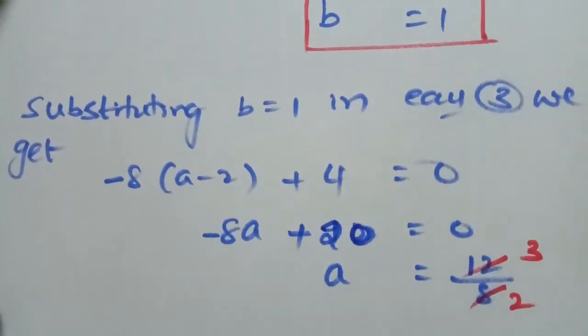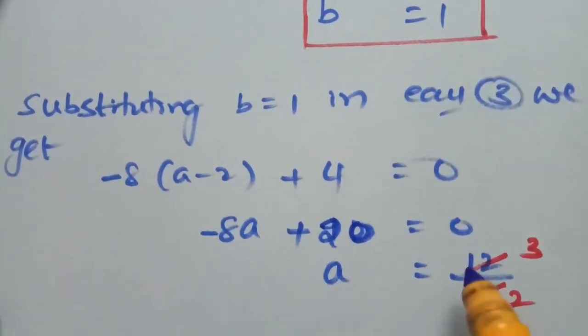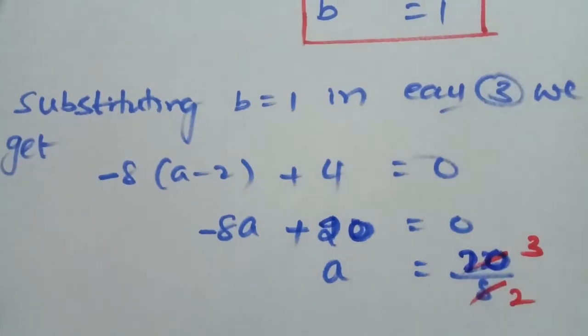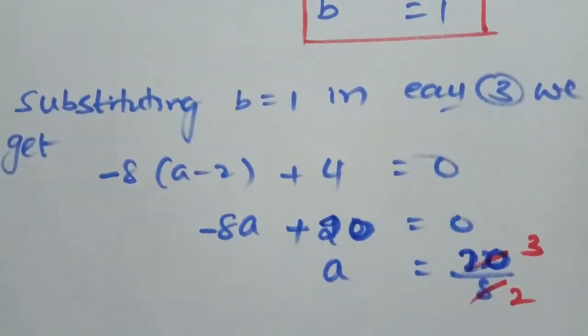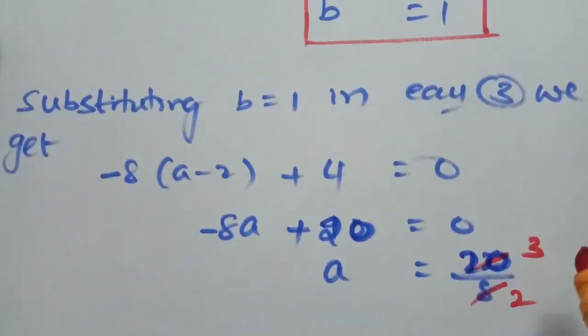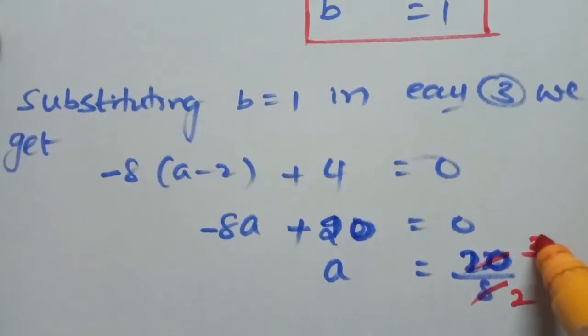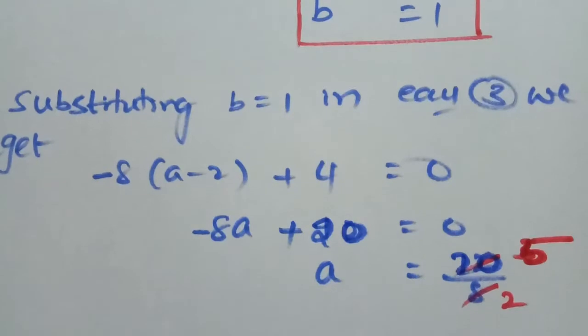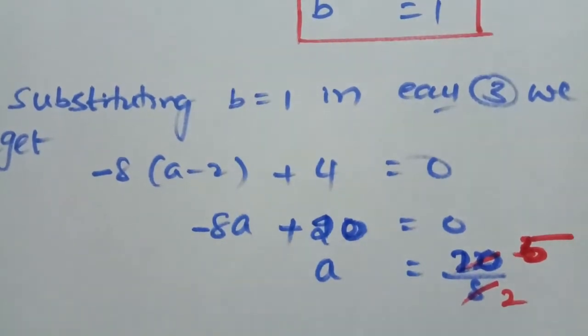Therefore a is equal to 20 by 8. It becomes 4 twos 4, 4 fives 20. Therefore a is equal to 5 by 2.